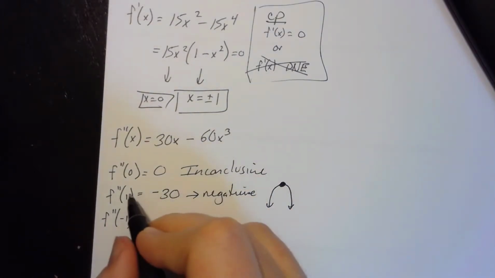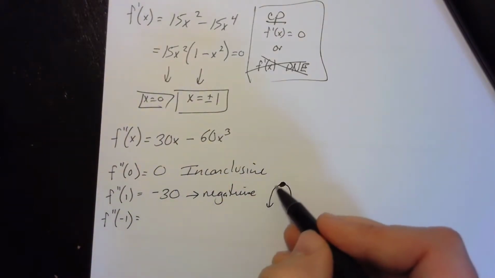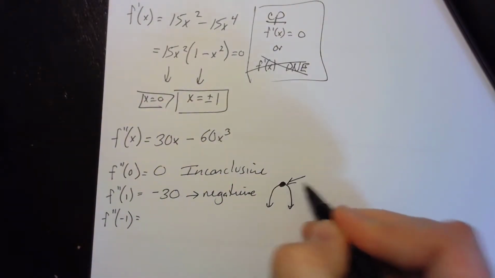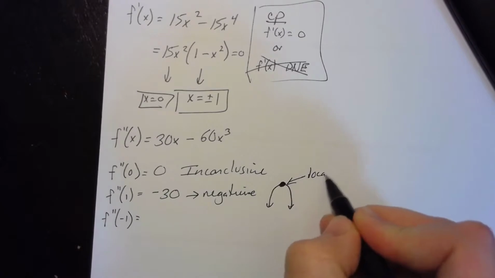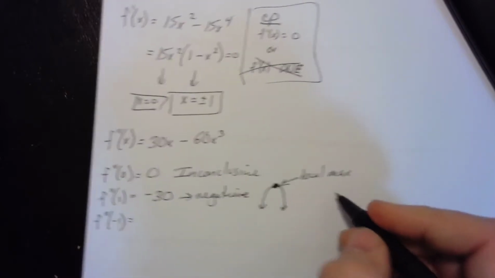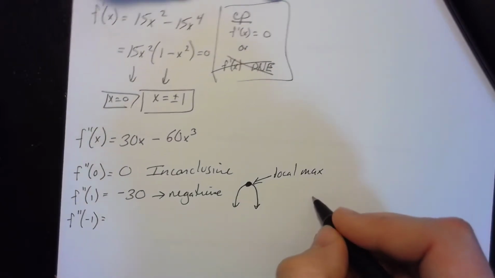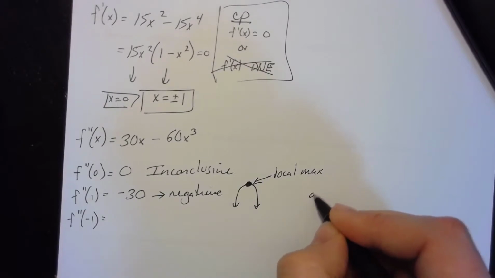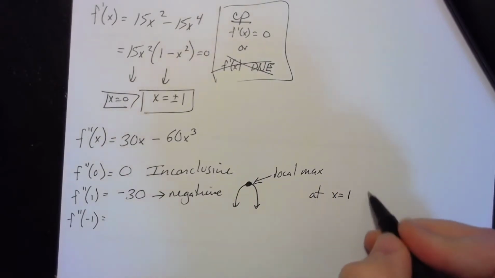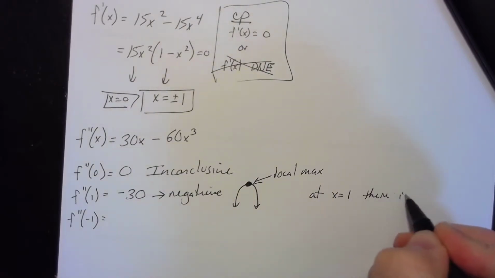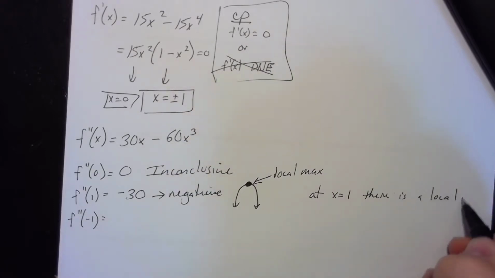Because the second derivative is negative, we have a concave down situation. That right there would be my so-called local maximum. So I can say by the second derivative test, at x equals 1, there is a local maximum.